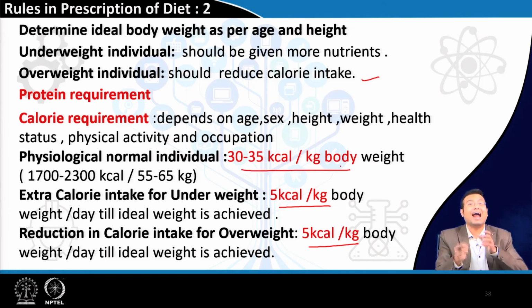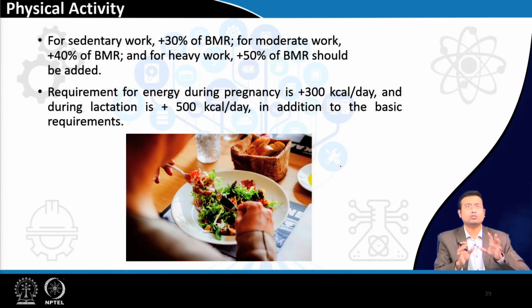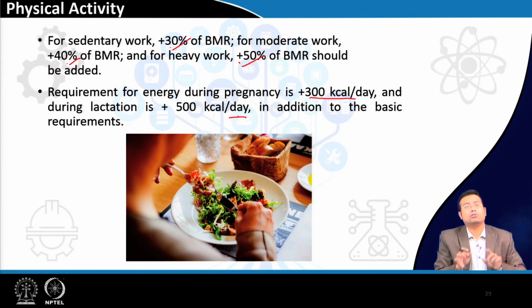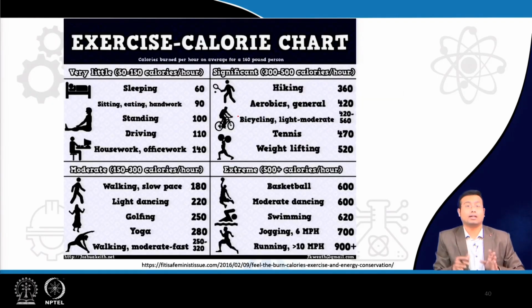So, we need to adjust depending on their physical activity, occupation, what they are doing, age, sex, health status, everything, right. So, these are the numbers for sedentary activity: 30% of BMR, moderate work 40, heavy work 50. Okay. Also, pregnancy and lactation, we need to consider what excess amount of kilocalorie should be added in the diet. Again, it depends from country to country, and you should consult your national guidelines for that.